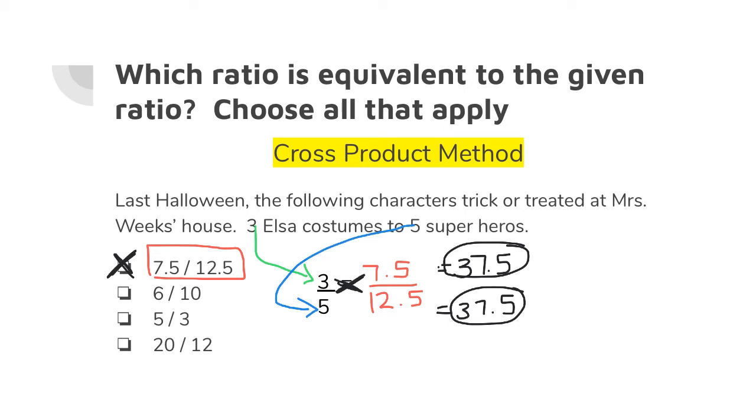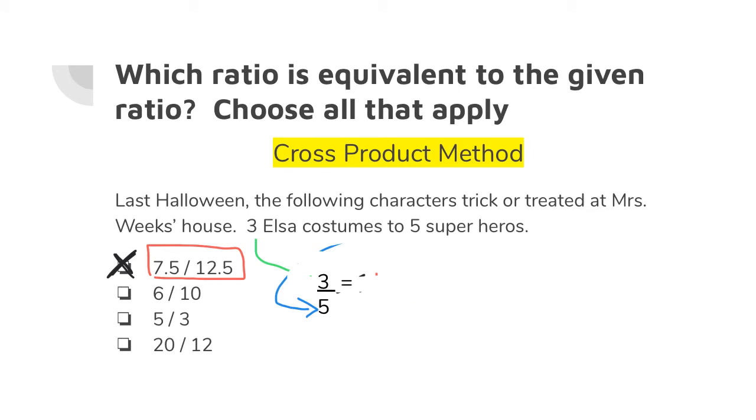We're going to mark that. It is equivalent. All right, let me erase some of this. Let's try the second one. So the second one, I want to know if 3/5 is equivalent to 6 over 10.